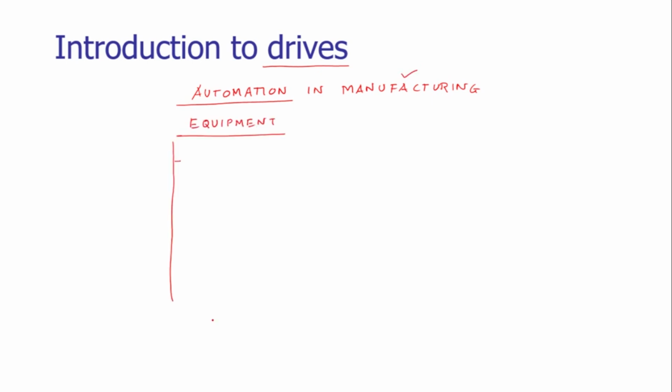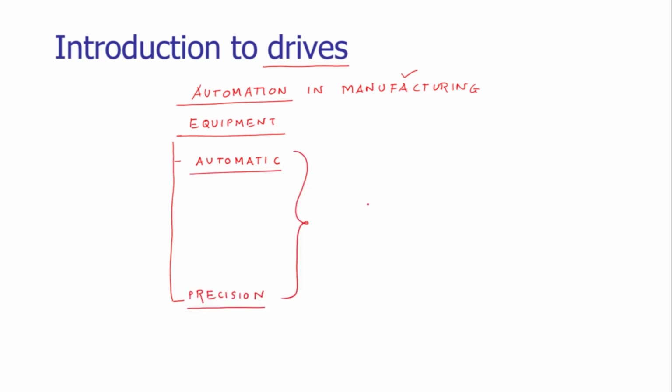Let us study some of the fundamentals of the drives. We are studying automation in manufacturing. To develop automated systems which are required for manufacturing operations, we need equipment. The first important requirement of this equipment is that it should provide automatic movements, and these automatic movements also should be precise.